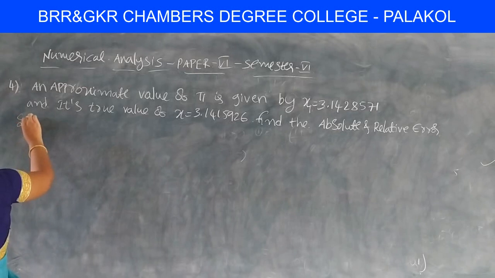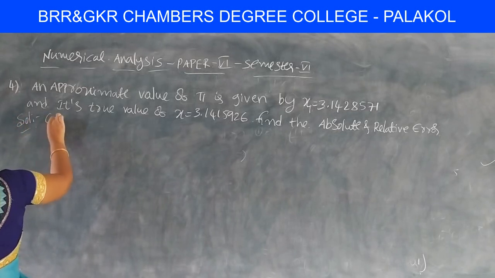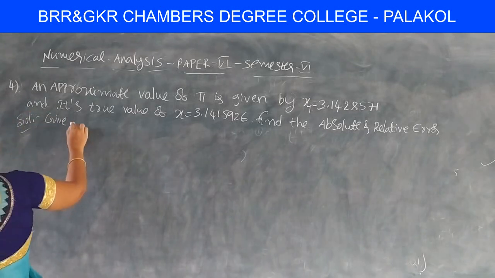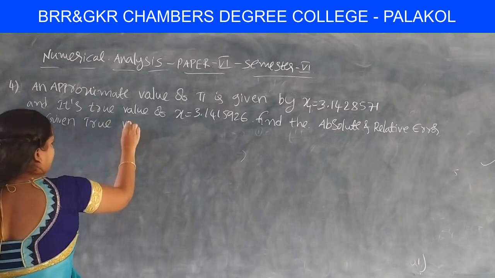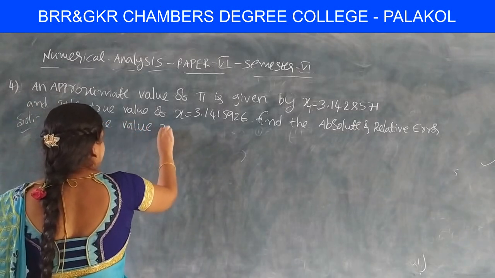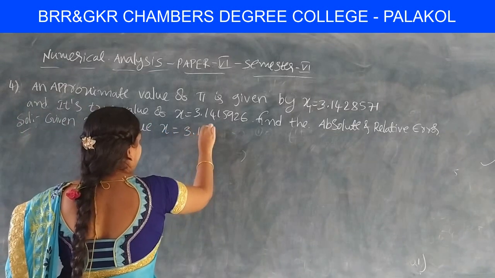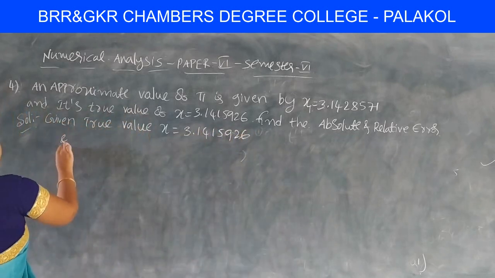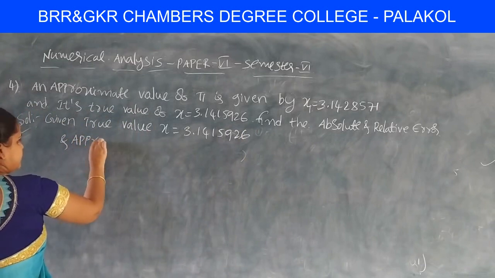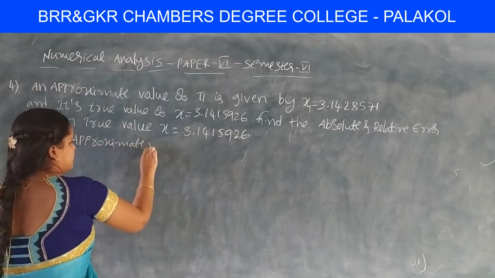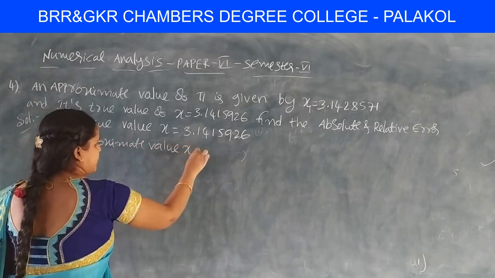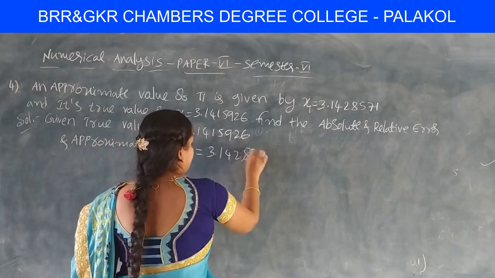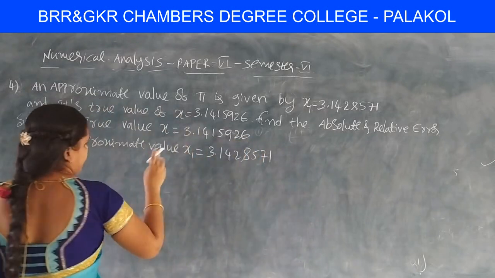Next solution. Given true value x is equal to 3.1415926 and approximate value x1 or x dash, 3.1428571. First we find out the absolute error.